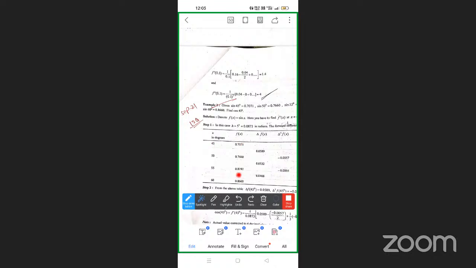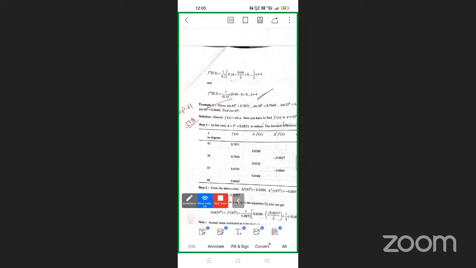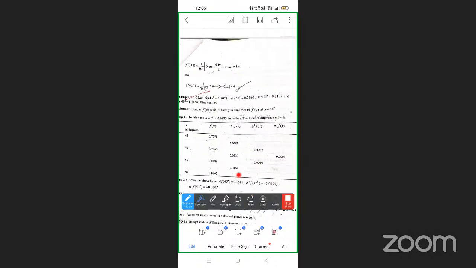Next, we can find delta, delta square, delta cube. The delta values are the differences between these two, and again the same, the differences between these two. Next, the delta square values: the difference between these two, x2 minus x1, y1 minus y2.